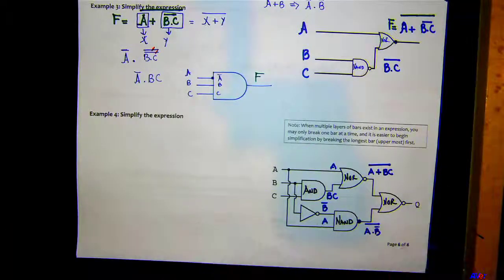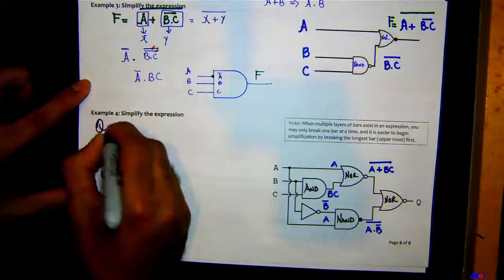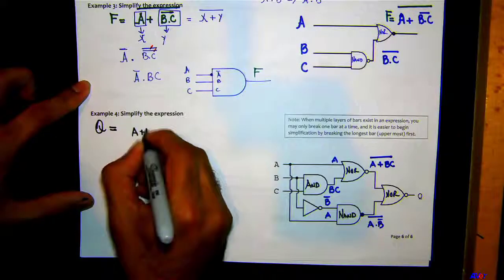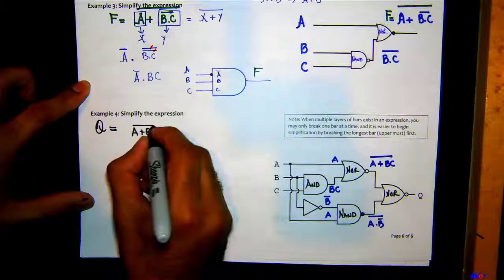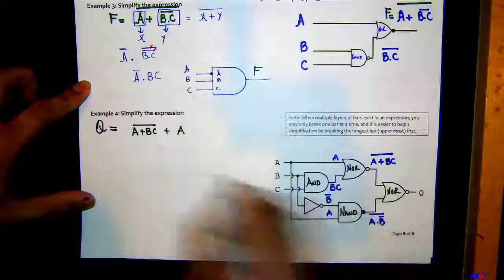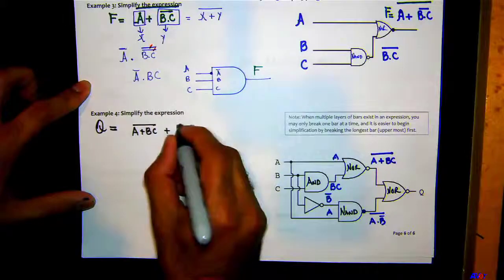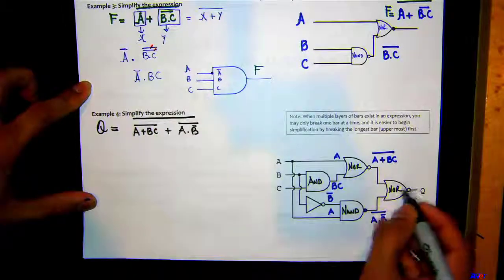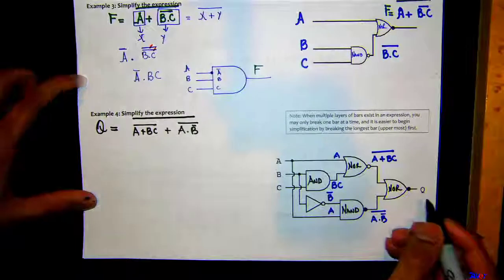And Q, because I don't have much space over there, I'm going to just write it over here. Q is going to be A plus BC plus A dot B bar, bar on the whole thing, and then I'm going to have bar on this whole thing because I got this bubble right here, correct?